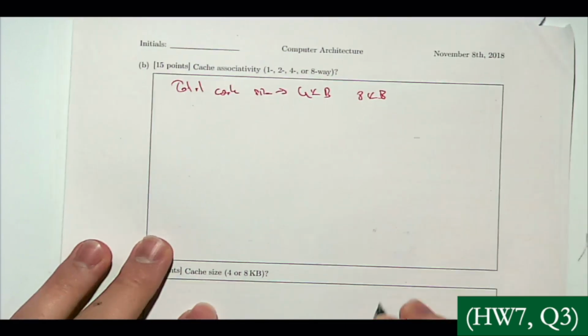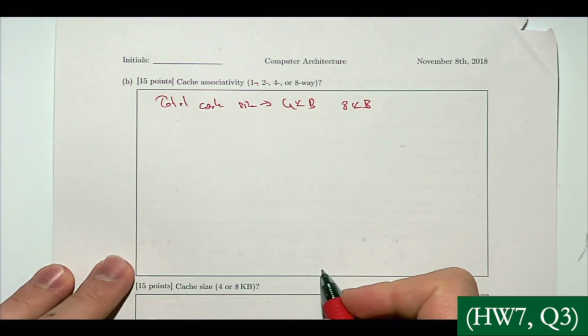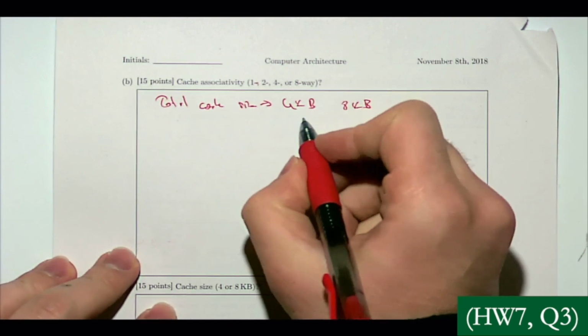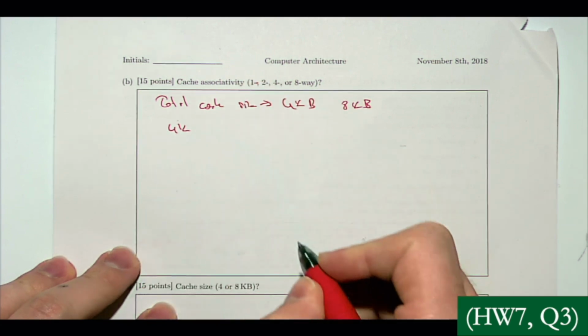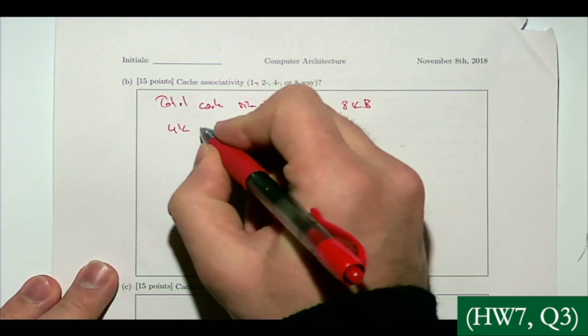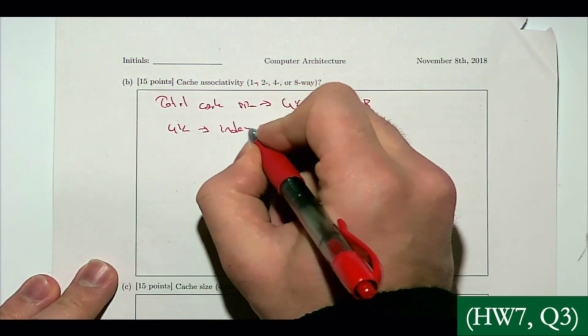If this is a one-way associative cache, then for the 4 kilobyte cache, all the multiples of 4K address accesses will try to access index 0.